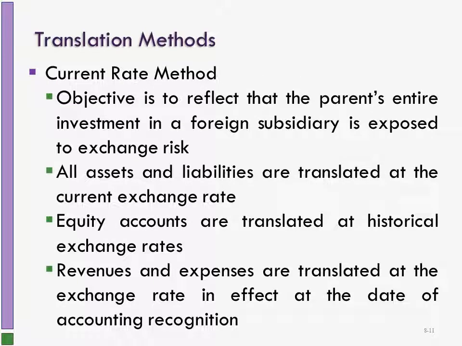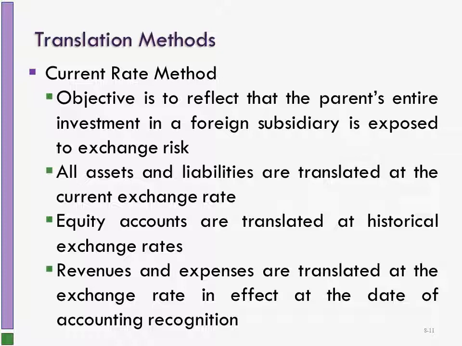The fourth and last method is the current rate method. The fundamental concept underlying the current rate method is that a parent's entire investment in a foreign operation is exposed to foreign exchange risk, and translation of foreign operation financial statements should reflect this risk.